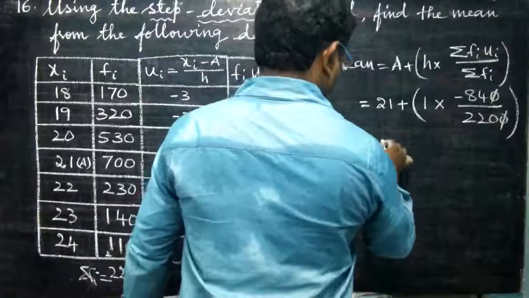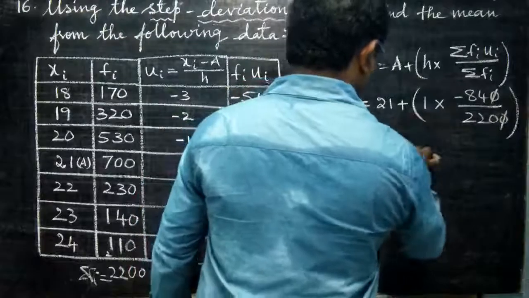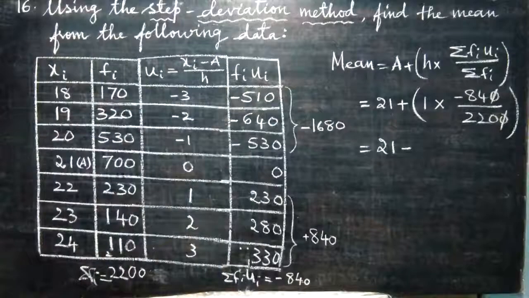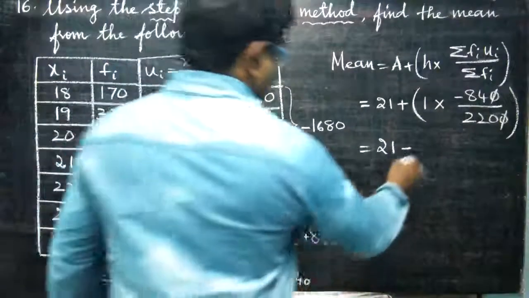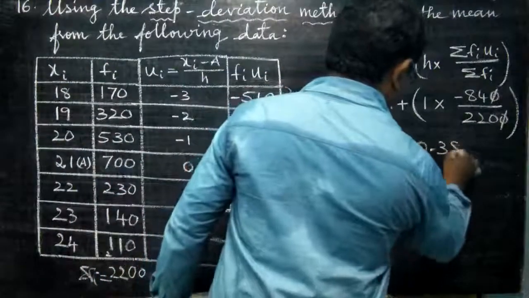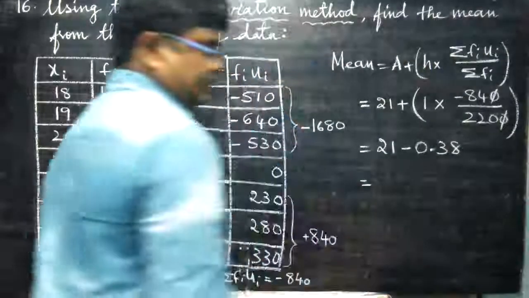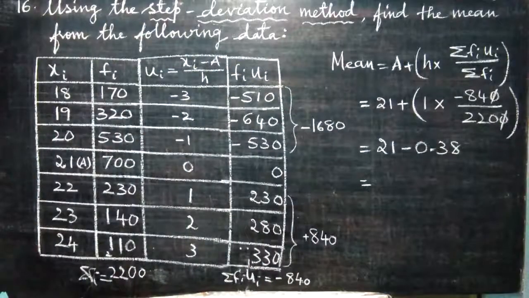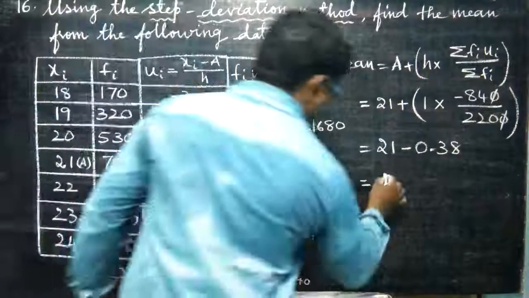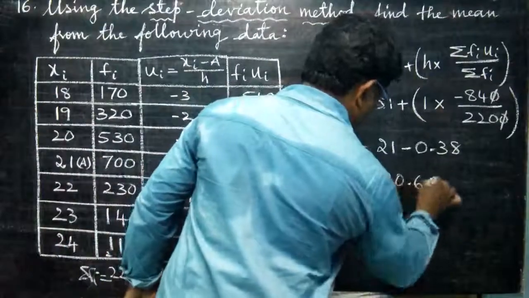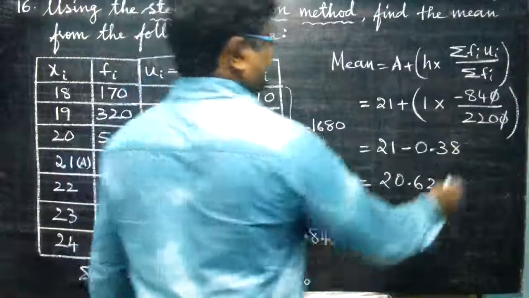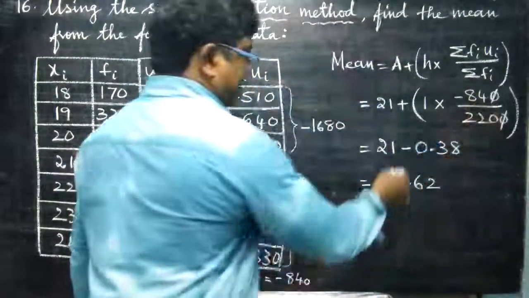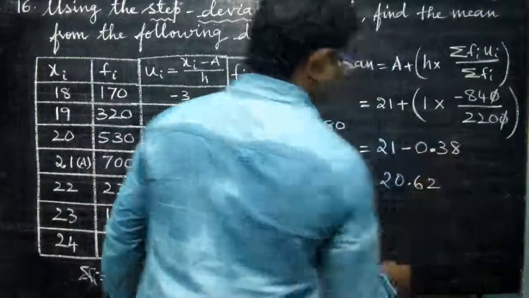Now 21 plus into minus, how much? Plus into minus, minus. If you simplify, 0.38. Subtract 21 minus 0.38 is 20.62. Calculate clearly. Divide. You will get minus 0.38.